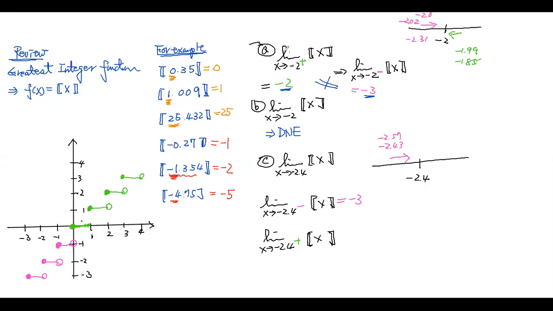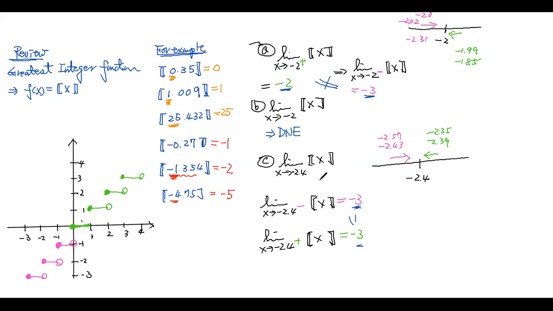Okay, now you take a look from the right-hand side. What is your number going to be? Negative 2.35 something, negative 2.39 something, right? You are still taking the largest integer less than this number. What is here? It's negative 3, right? Okay, so now you say, oh wow, these two are equal.